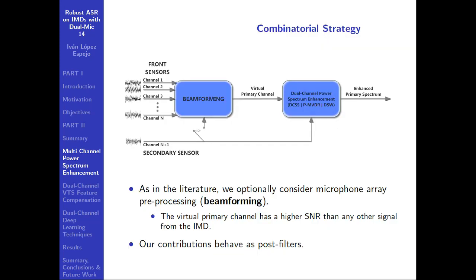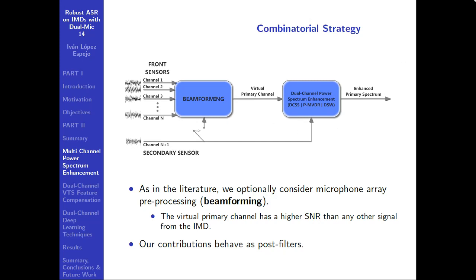As I've introduced, our dual-channel techniques are intended to exploit a secondary microphone. However, a mobile device can easily integrate several front sensors that can be exploited to provide further speech recognition robustness. So, in the case of a mobile device with several front sensors, we may apply beamforming to generate a virtual primary channel to be used by our techniques along with the secondary channel.